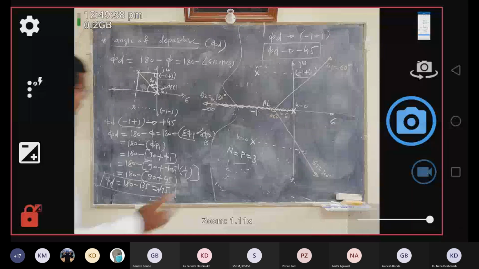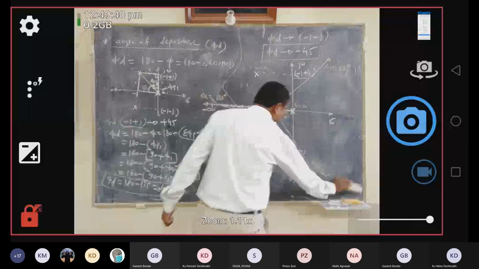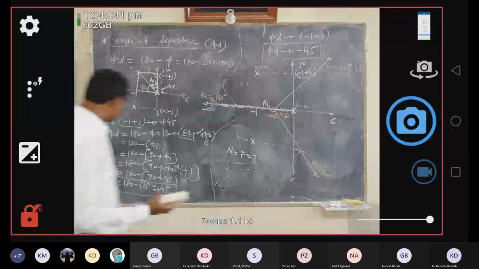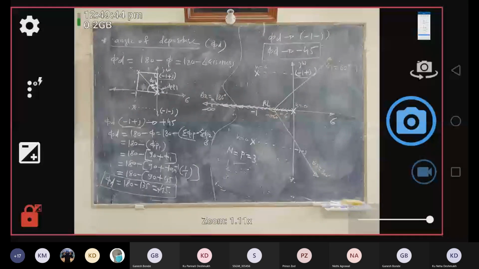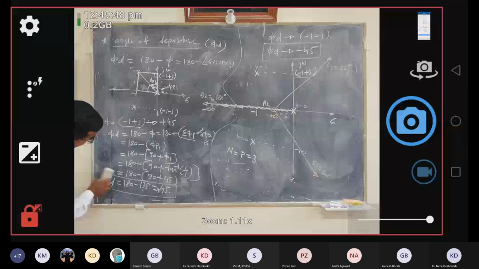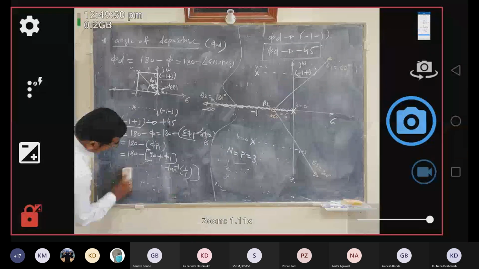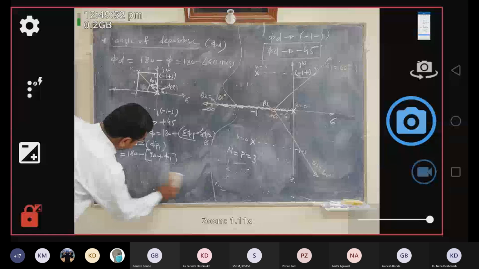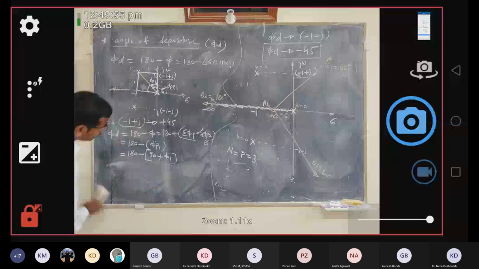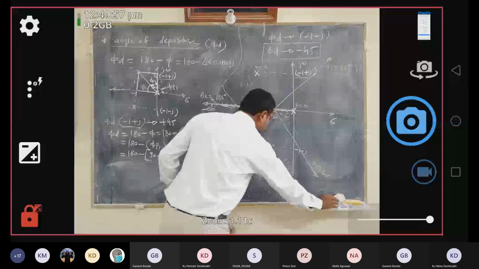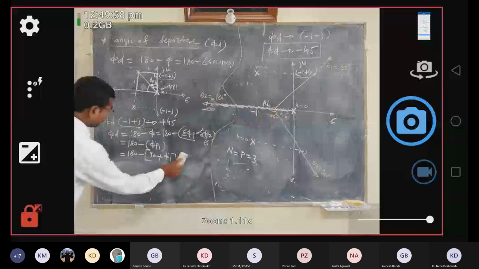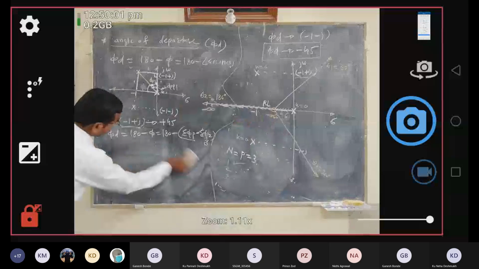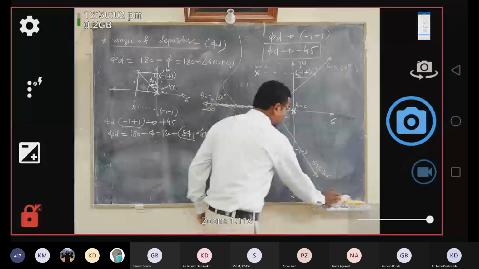Okay, one small mistake I have made while calculating this phi d. So please recorrect it. I forgot it. Only a small change will be there.